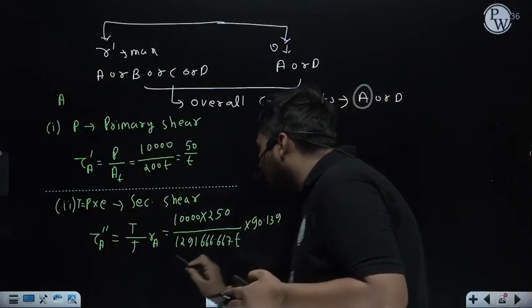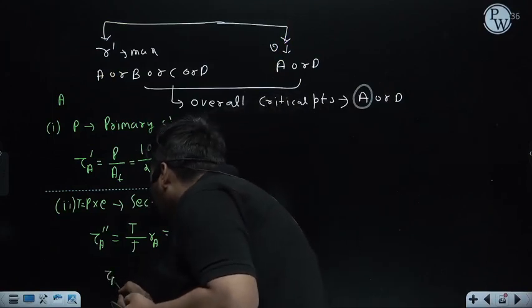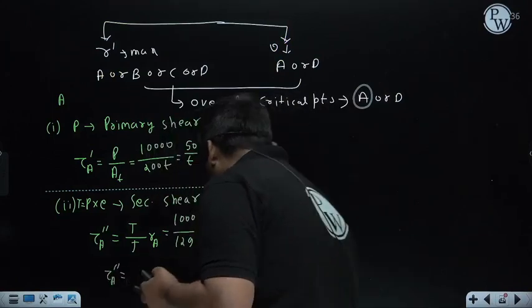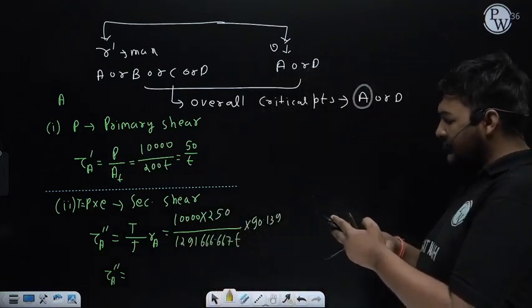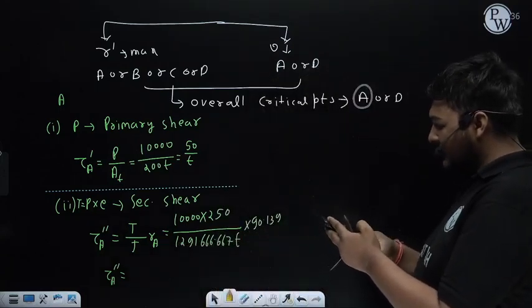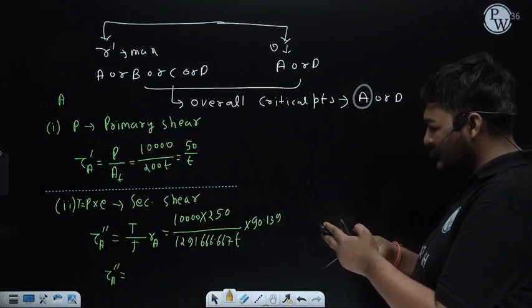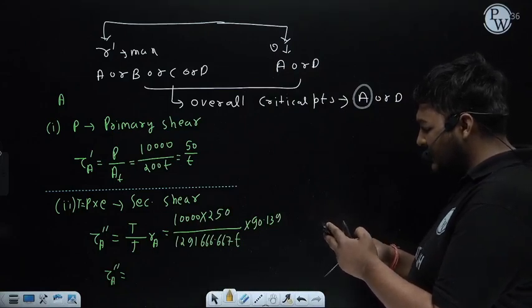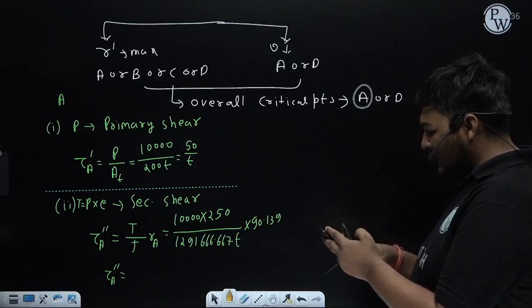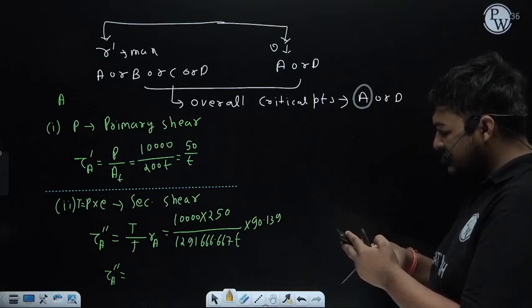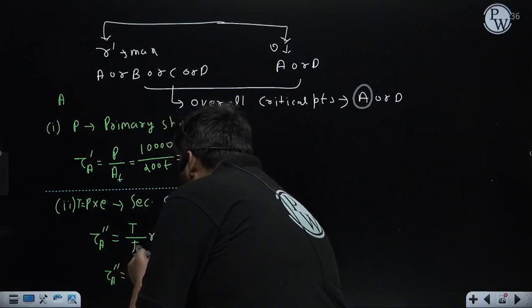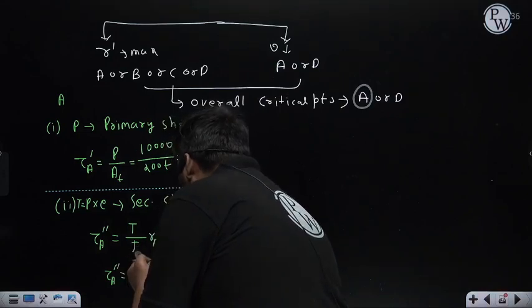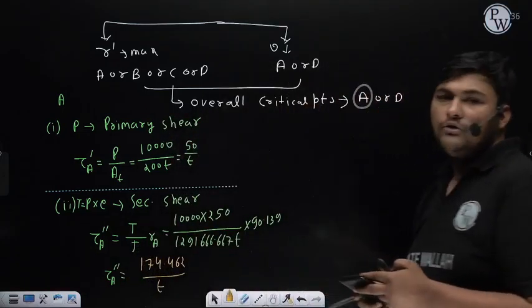So from this equation we will get the expression of secondary shear stress at point A, and it is coming 10,000 into 250 divided by 1291666.667 T into 90.139. You can check calculation. Is it coming 174.462 divided by T. Okay, you can check calculation.